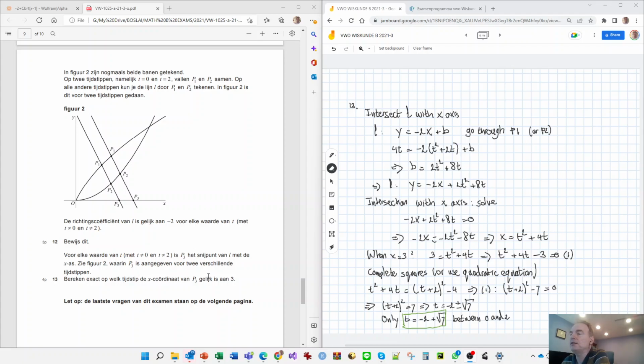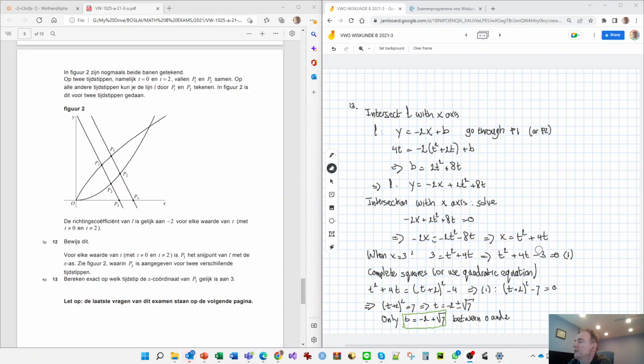And they're asking when is that equal to 3. So now we set this to 3. So 3 is t squared plus 4t. And again, I think for the 5th time this exam, we get a quadratic equation. And this one, play around a little bit, minus 3 as the factors.